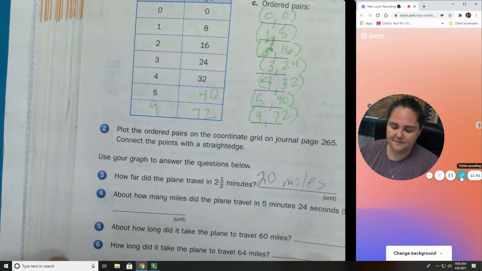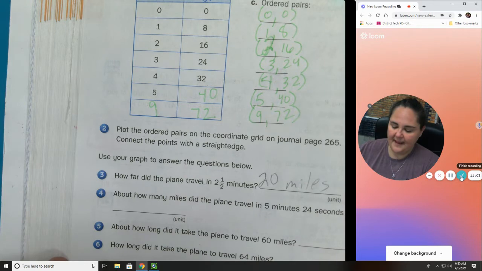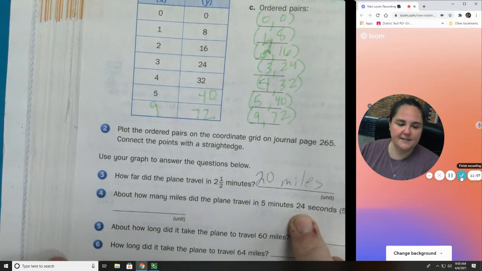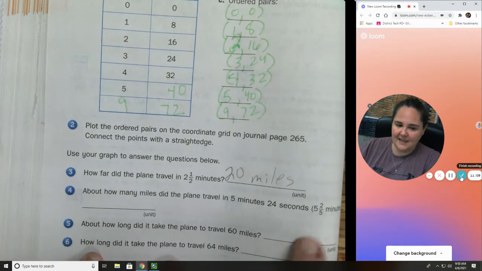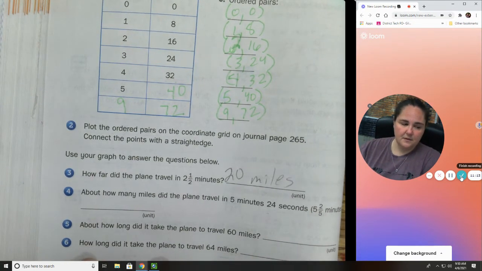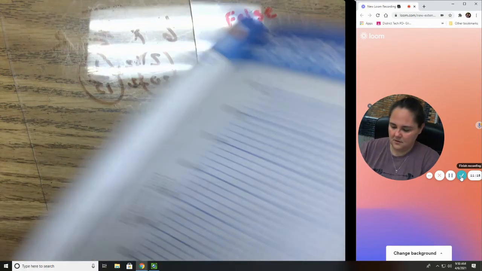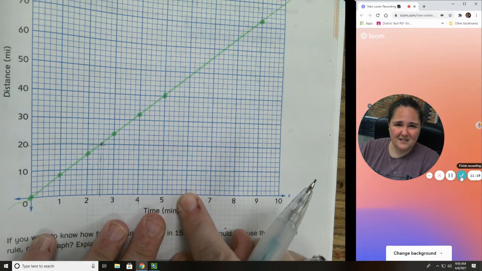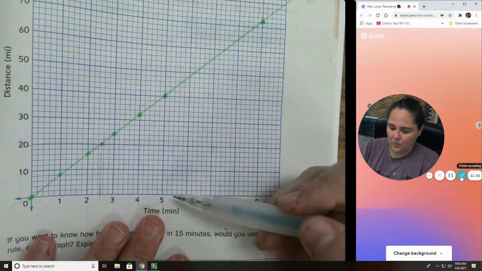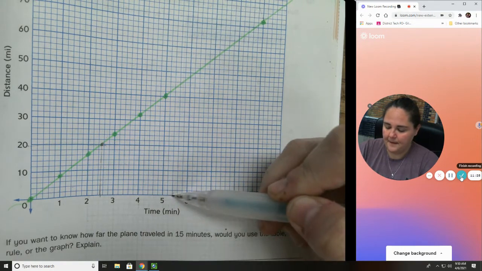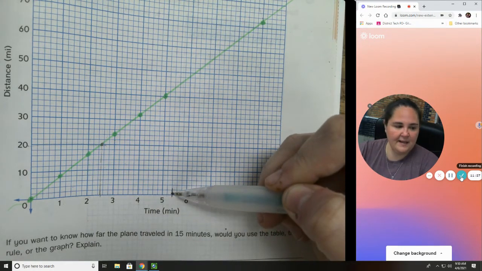All right. Number 4. About how far did the plane travel in 5 minutes, 24 seconds? Notice that right next to that, it says 5 2/5. Okay. Notice that each of this is separated into fifths, right? 1/5, 2/5, 3/5, 4/5, 5/5, right? So 5 2/5 would be right here.